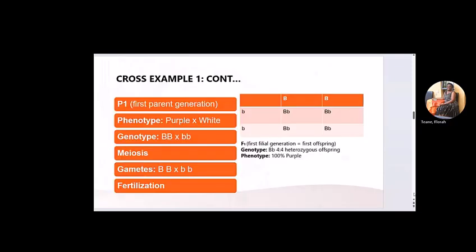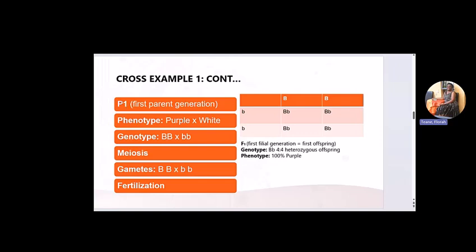Right. Know that you will be exposed to these kinds of activities, and you have to use a table to indicate the crosses. Remember we said the parents, we have two plants, one with purple flowers, another with white flowers.